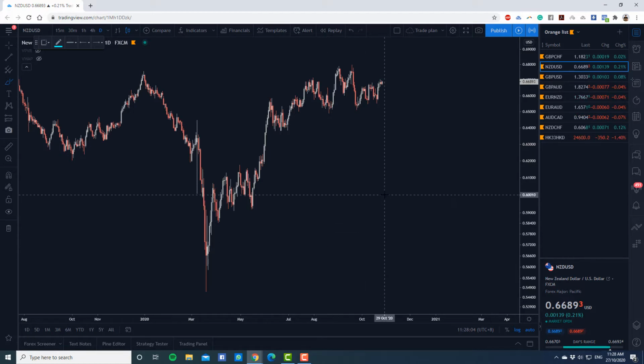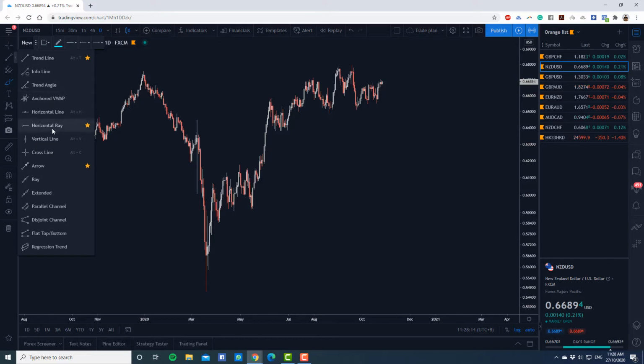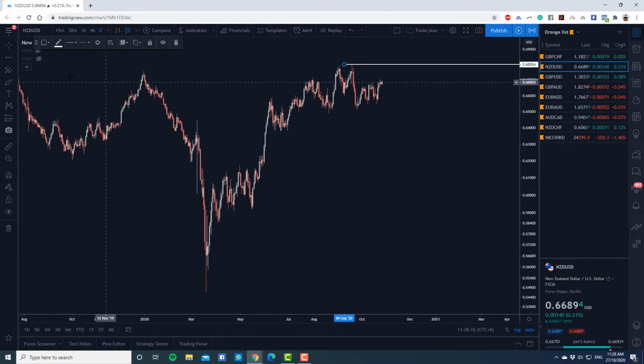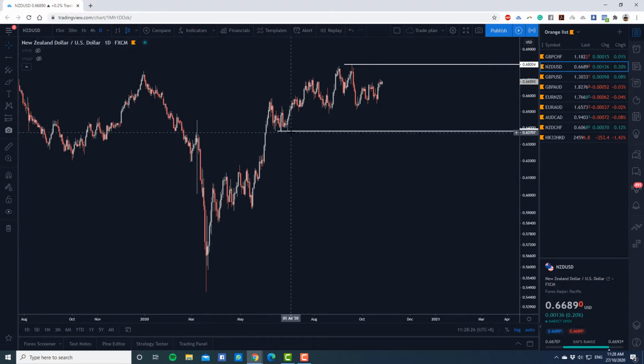Here is a very quick case study using New Zealand dollar. I start off with the daily, and I like to print out and identify on the chart some of the key levels. You can see over here, this is the recent obvious high, and over here, this is also a low that is pretty obvious to me.